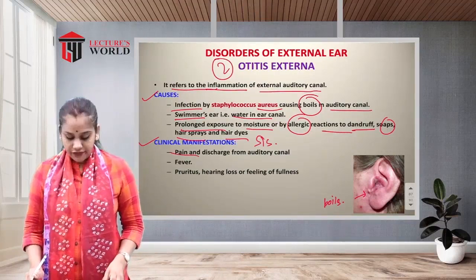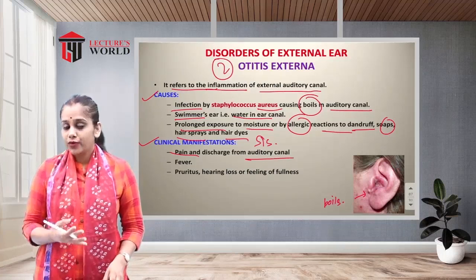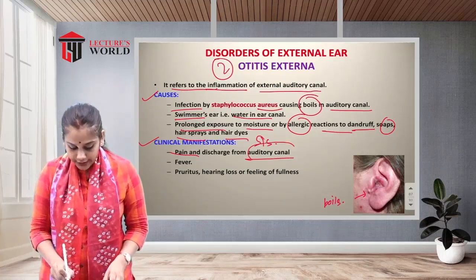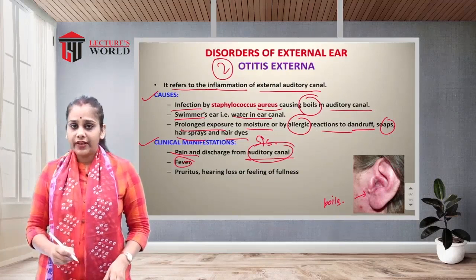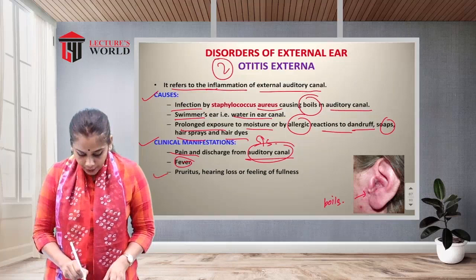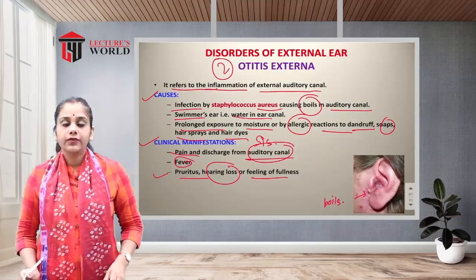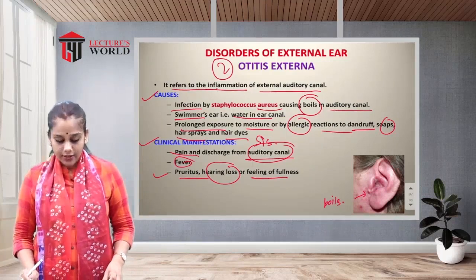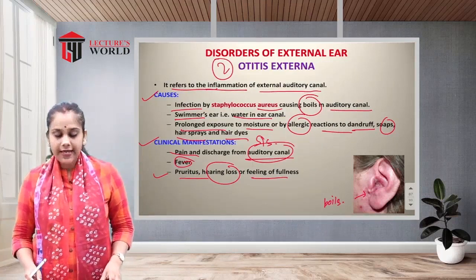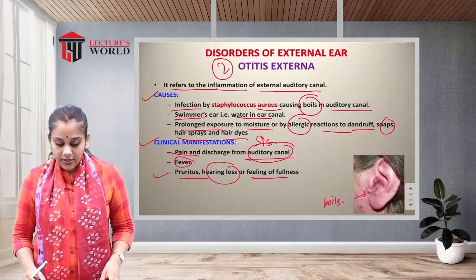Pain and discharge from the auditory canal. Some pain or sometimes purulent discharge from the auditory canal. Because of infection or inflammation in the auditory canal, there is fever. Then pruritus, hearing loss and a feeling of fullness in the ear. So these are the signs and symptoms of the external ear disorder, otitis externa.